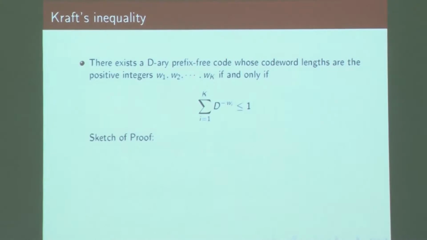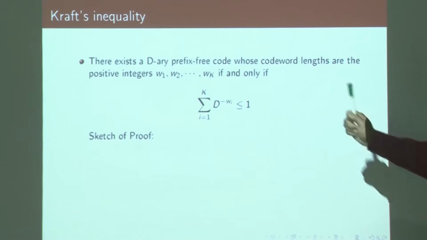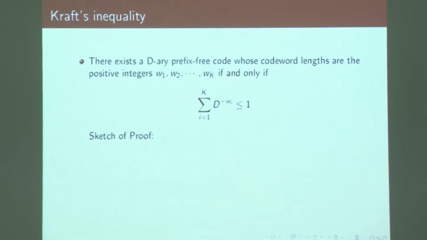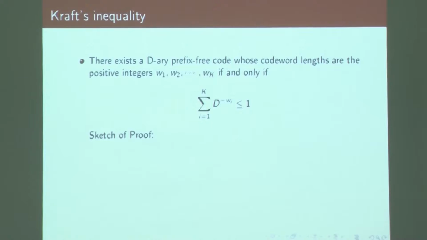Okay. Now I am going to tell you under what condition a prefix-free code exists. So there exists a D-ary prefix-free code whose code word lengths are these positive numbers W1, W2, W3, up to Wk, if and only if this condition is satisfied. Now what does if and only if mean?